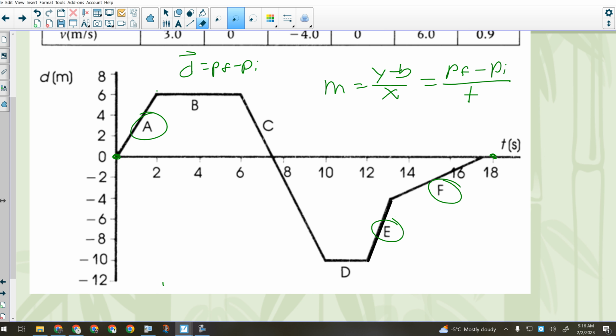All right, this one will take you a little bit longer. Calculate the total distance traveled by this object. Okay, and you're probably going to have to do this piece by piece.